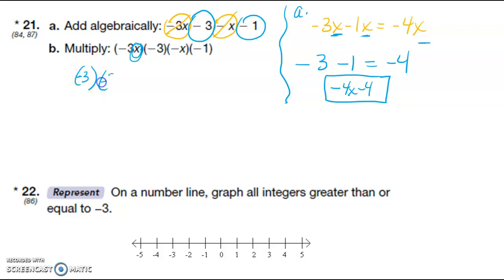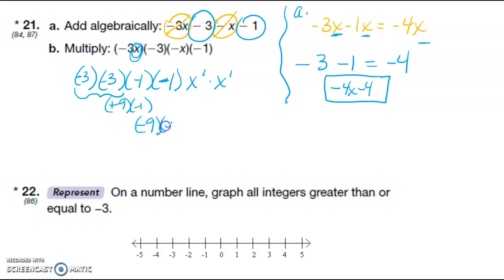Negative 3 times negative 3 times negative 1 times negative 1. X to the 1 times x to the 1. So let's see. This is going to be positive 9 times negative 1 is negative 9 times negative 1 is positive 9. And then this is x to the 1 plus 1, which is x squared.